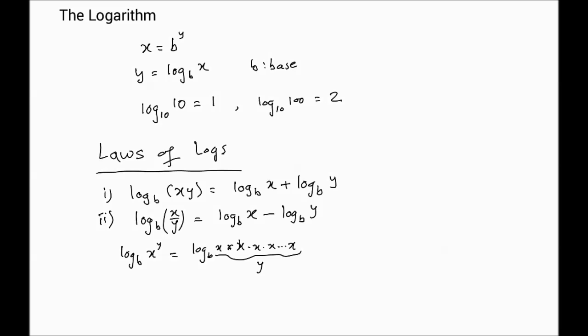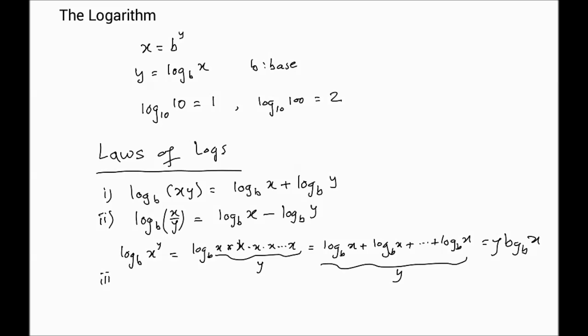So that means this is basically log to the base b of x plus log to the base b of x plus log to the base b of x, y times. So that's equal to y log to the base b of x. Now this is usually considered a law itself, so I'm going to put it down here as the third law because you should know it as a rule.